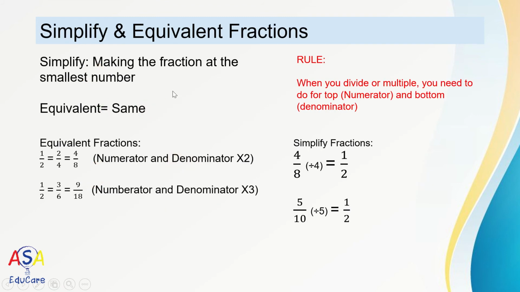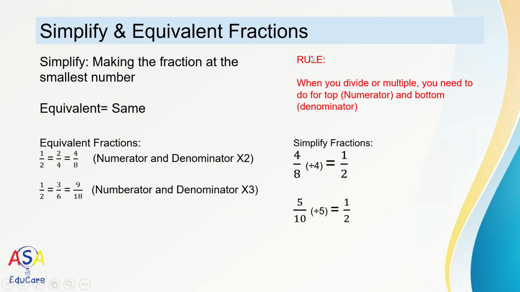Okay? Next one, simplify and equivalent fractions. Remember, simplify is making the fractions at the smallest number, making it very simple. Equivalent means same. So here are 2 examples, equivalent fractions. 1 over 2 equals 2 over 4 equals 4 over 8. Why? Because up here and down, I times 2.